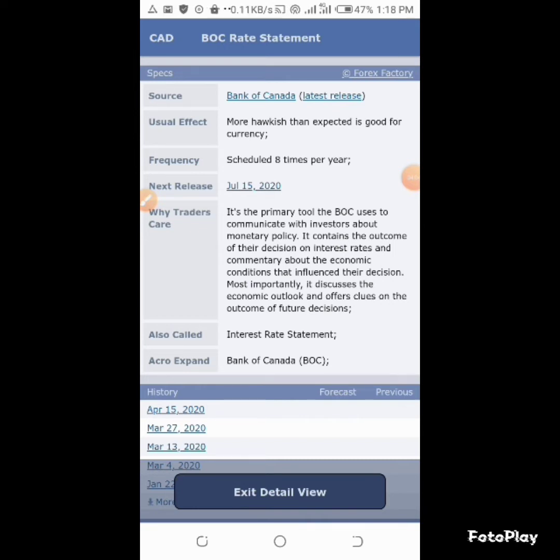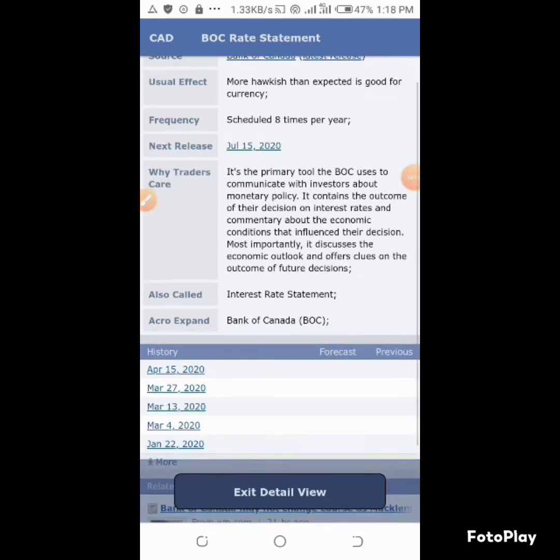It says more hawkish than expected is good for currency. Remember we said that we have hawkish and dovish bank personnel, and the hawkish ones offer better interest rates, and the dovish ones offer less interest.